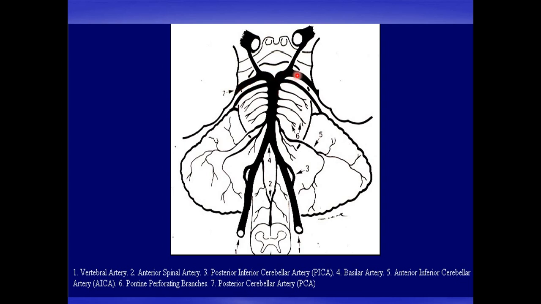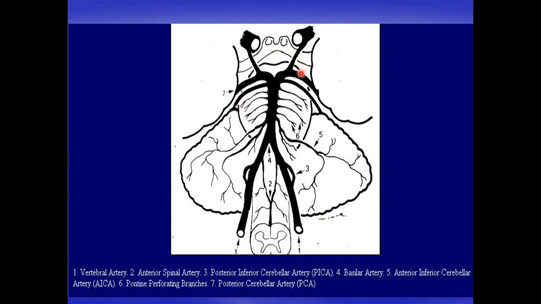The PCAs will communicate with the internal carotid artery via the posterior communicating artery. So the posterior communicating artery will communicate with the internal carotid artery bilaterally, and as we have here, the anterior communicating artery will form a complete circle that is called the circle of Willis.